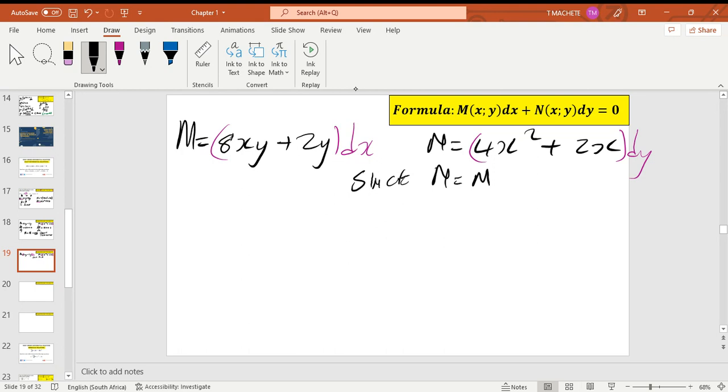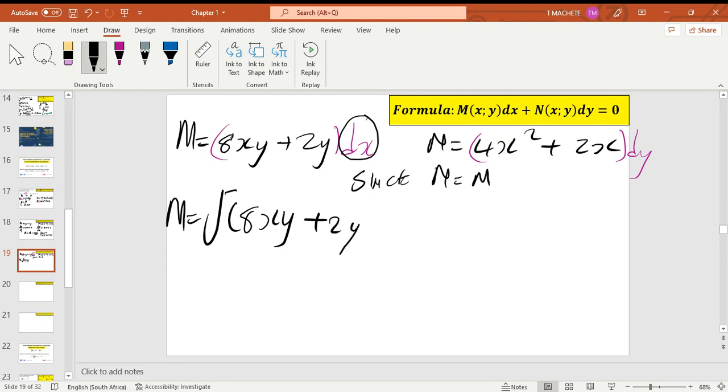So what I mean by direct integration, you're gonna say m is equal to, you're gonna integrate that equation. Remember, originally it had dx. That's when you consider the x now. You don't do the opposite now. You consider it as it is. That's why they call it direct. Direct means there's no change.